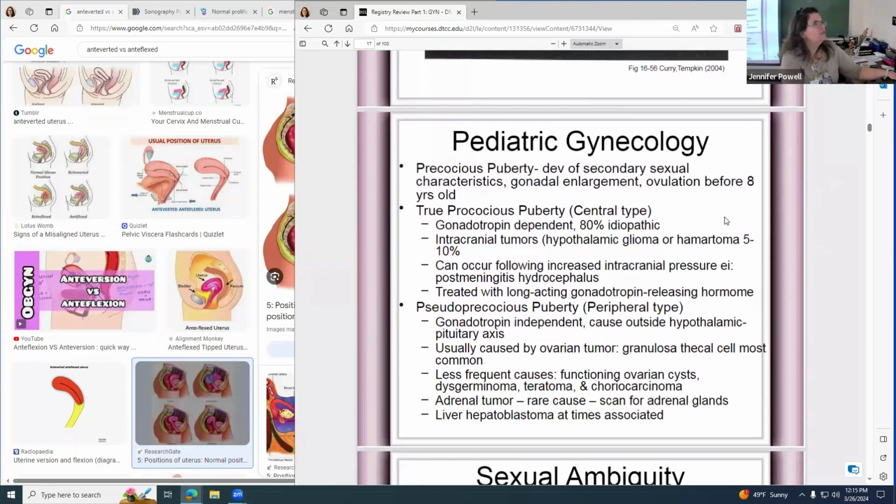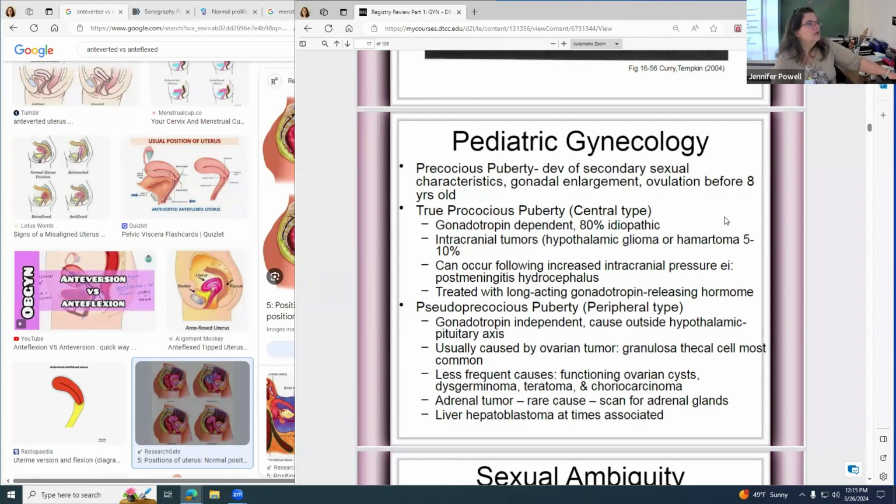Pediatric gynecology. Precocious puberty is the development of secondary sexual characteristics, gonadal enlargement, so their ovaries start to enlarge, and ovulation before the age of 8 years old. True precocious puberty is gonadotropin dependent.